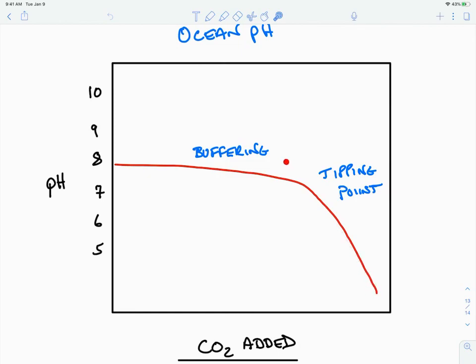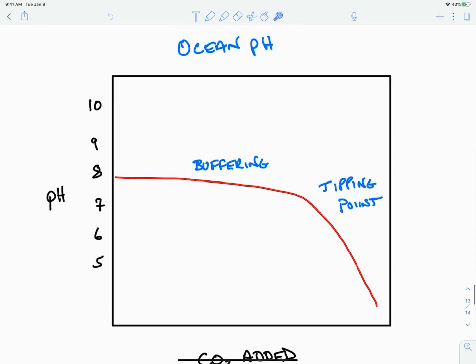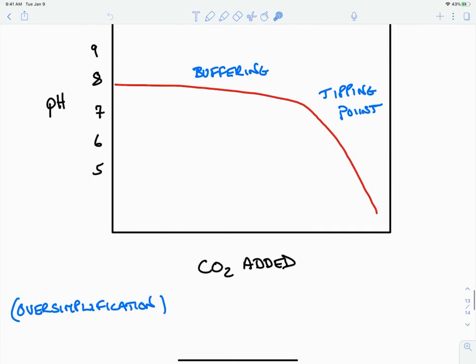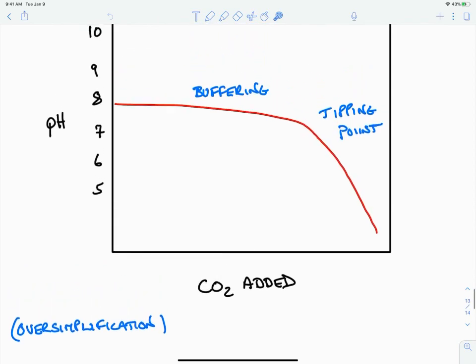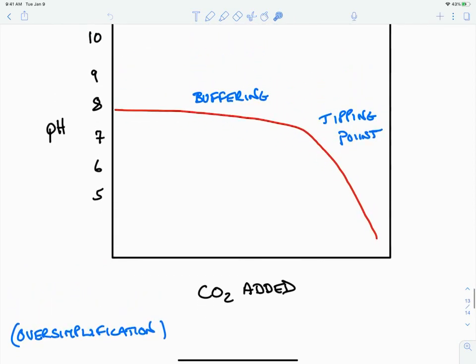And we're still a considerable way off, and we can still do something about it. So, not to be the harbinger of doom. And of course, this was an oversimplification of the ocean system. So, keep slowing down the amount of CO2 you're putting into the atmosphere, and this won't happen.